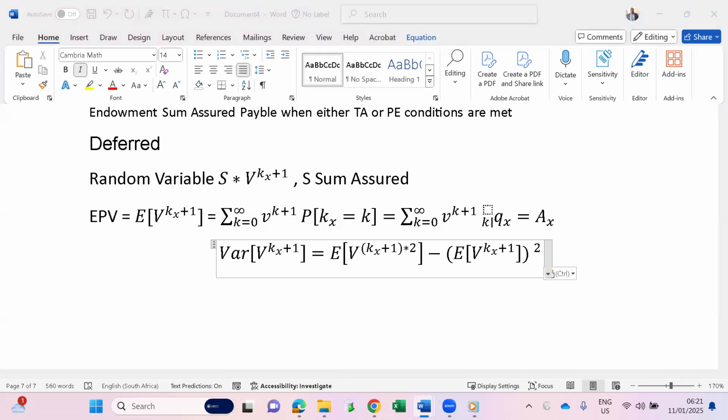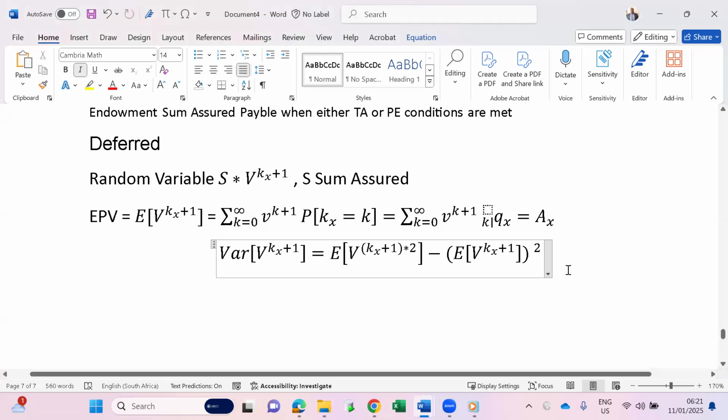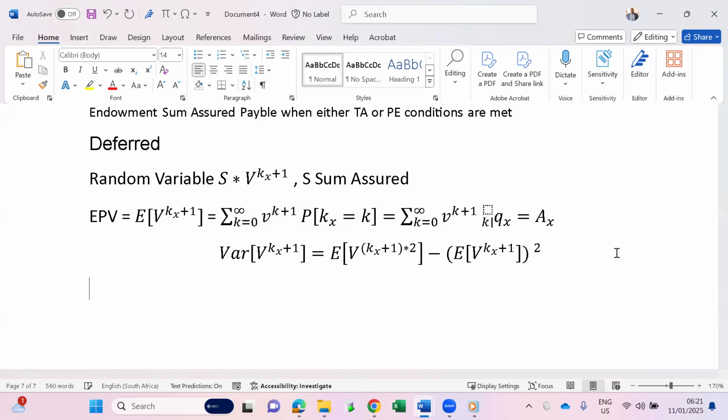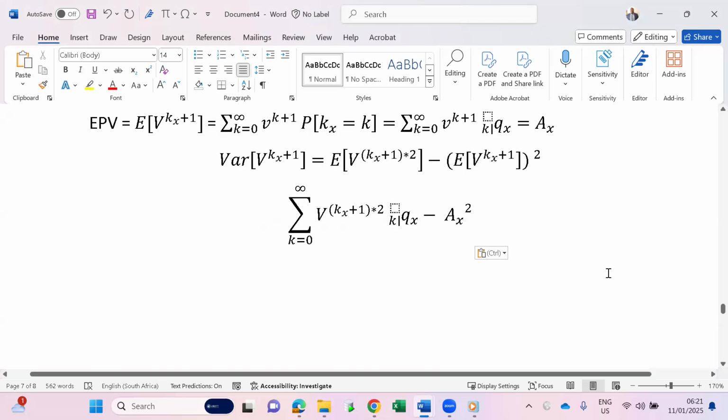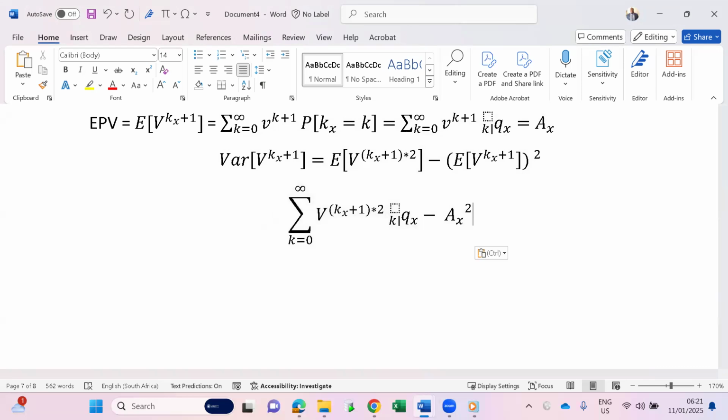And then we define those from first principles again. We just have v^(K_x+1) all squared, and then we introduce the probability, and then we've already defined the E[Z].